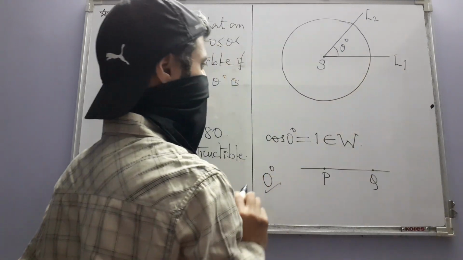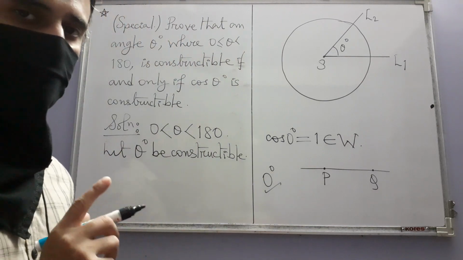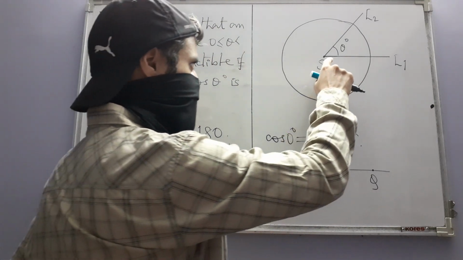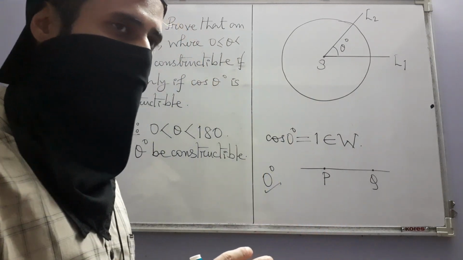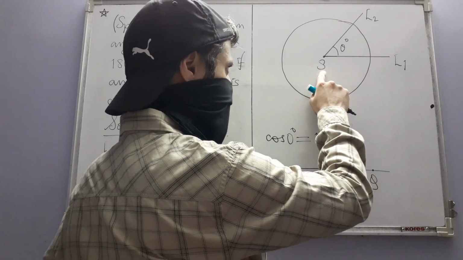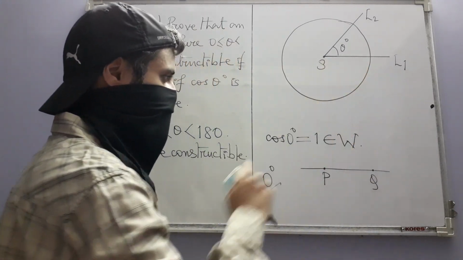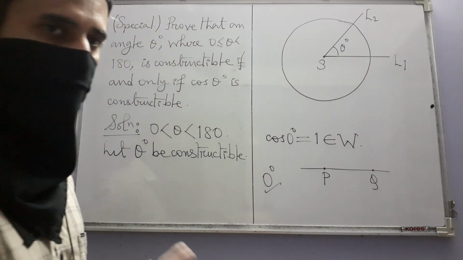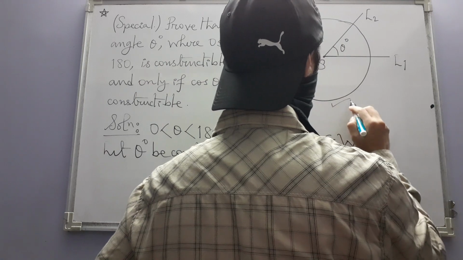Then this circle is constructible. Why? A circle by definition is constructible if its center is constructible and its radius is a constructible real number. And that is the case here. S is constructible, we have already seen, and the radius is 1, which is a constructible number. Okay, being a rational number, it's constructible.